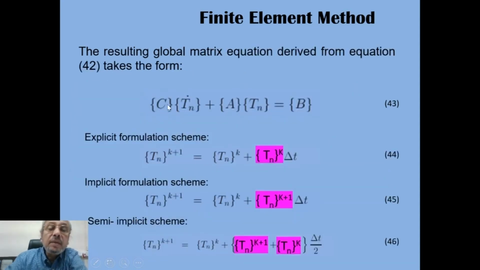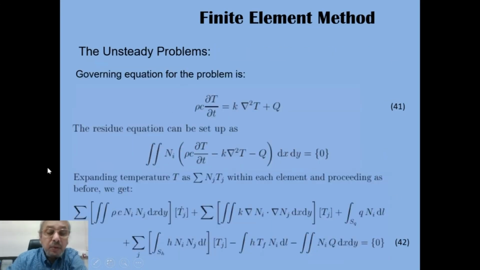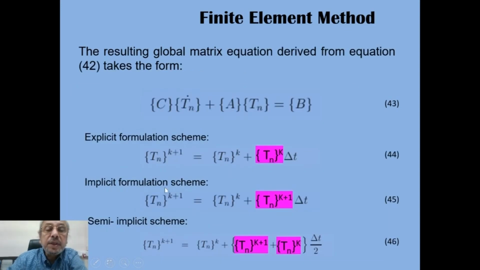That then produces the C matrix. Basically, this integration produces the C matrix into Tn dot, which is dT/dt, basically the derivative quantities of the temperature. Then A Tn, this is the temperature array, equal to B.